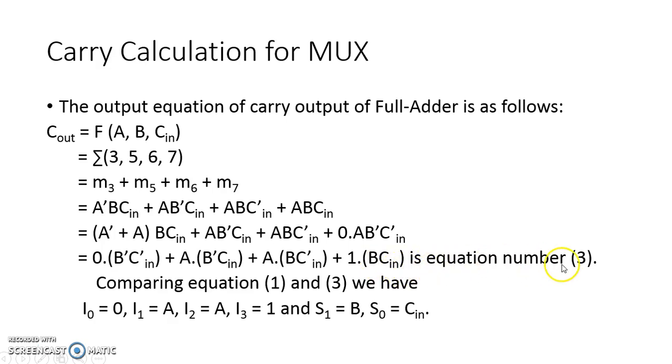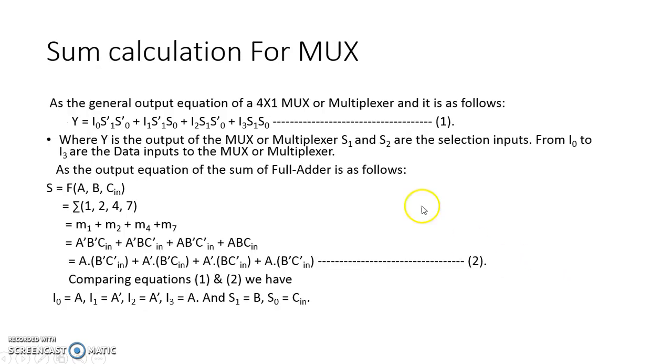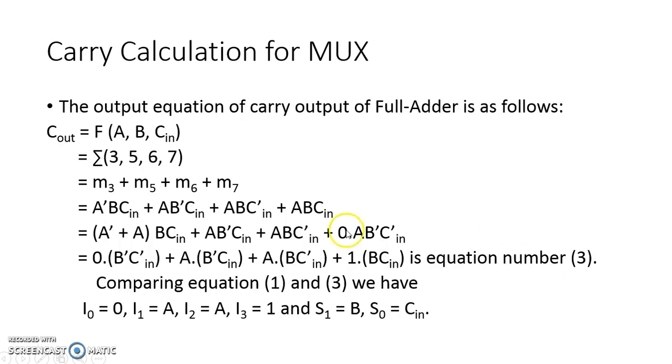Let us call it equation number 3. And if we compare equation number 3 with equation number 1 of the multiplexer, we find that our I0 is equal to 0, our I1 is equal to A, our I2 is equal to A, our I3 is equal to 1, and S1 is equal to B and S0 is equal to C in.